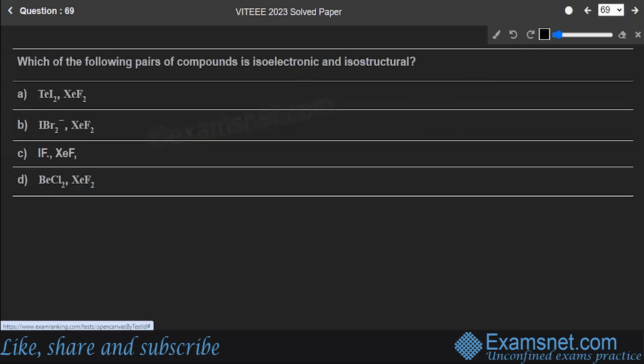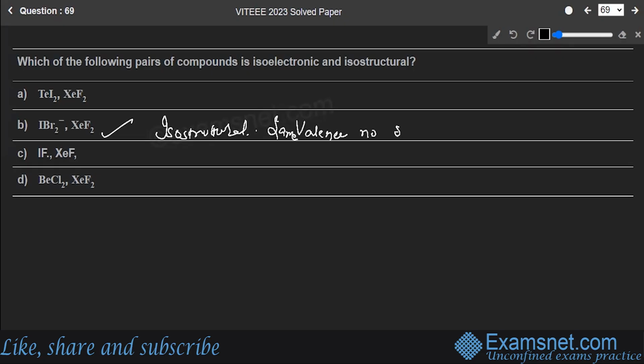Which of the following pair of compounds is isoelectronic and isostructural in nature? If I look at the options, the second option, the compounds IBr2 minus and XeF2, are isostructural. Both have the same number of valence electrons.